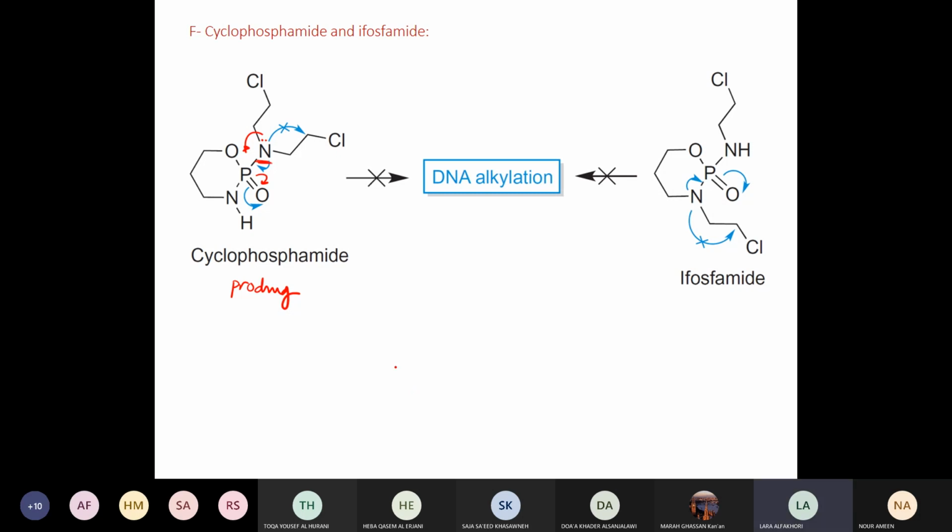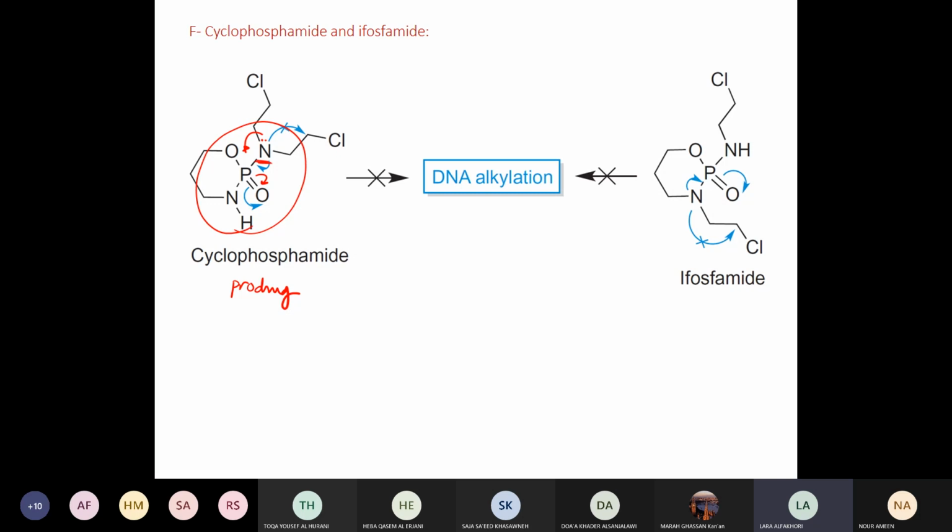But again, that was not the case. There is no direct hydrolysis. Why did they make such a group in particular? Because at that time there were reports that cancerous cells have high levels of phosphoramidases, and phosphoramidases break such bonds.